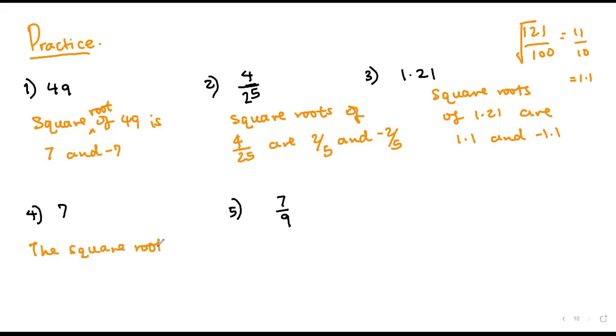What about the square roots of 7? Yes, square root of 7 and negative square root of 7. And then 7 out of 9.